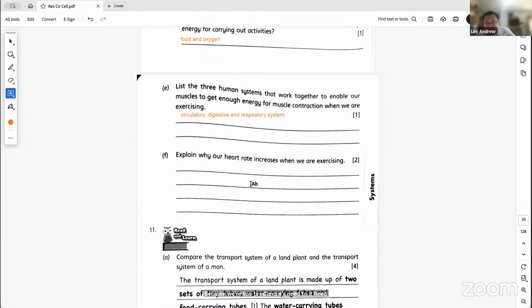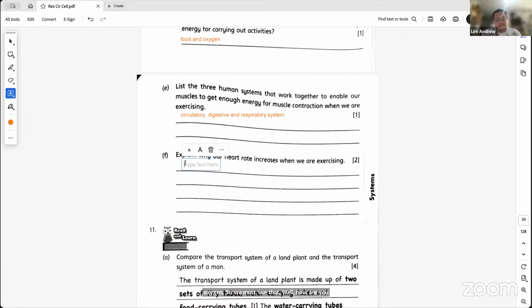Very good. But it's not enough to get a full 2 marks. Yes, you're right. Our heart rate increases because our body needs more oxygen. So we must say why our heart rate increases.